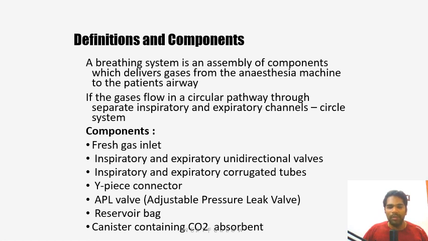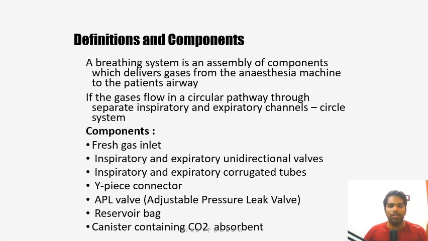Adjustable pressure leak valve. So this valve is used to adjust the pressure inside the system. Circle system is a closed system. So inspiration, patient, expiratory limb. So it goes like a circle. The gas is taken, a little amount of gas is taken by the patient. The remaining gas is given out of the patient, and it circles. So constantly gas is coming inside.